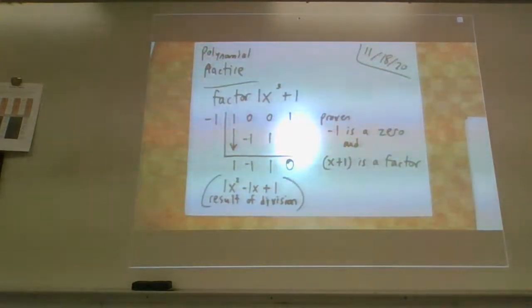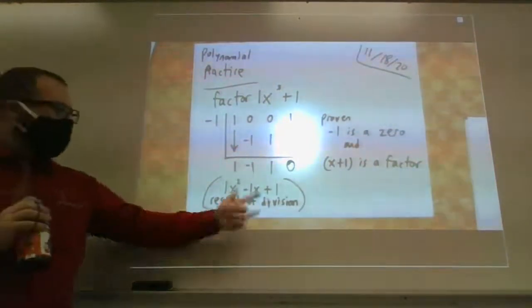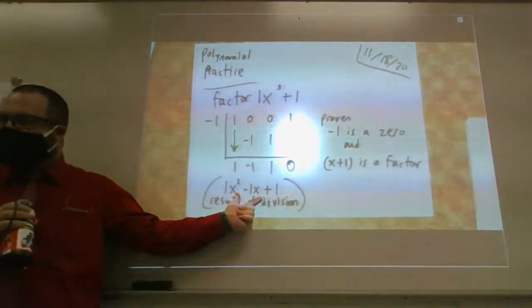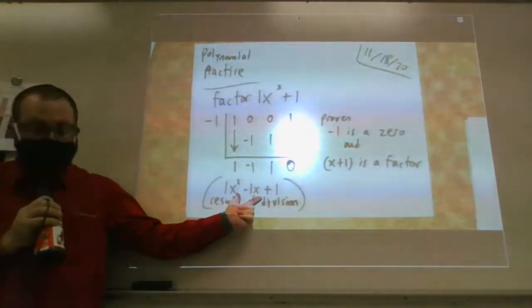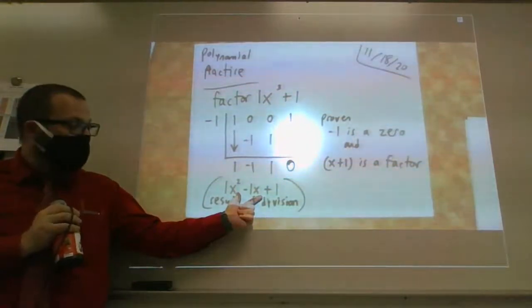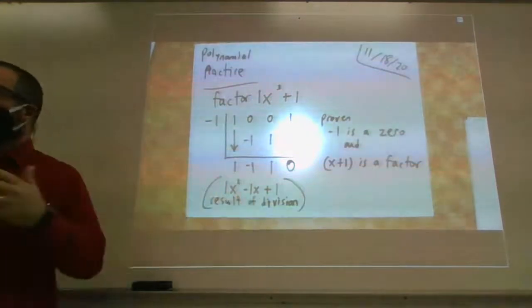Now, here's the key. We proved that x plus 1 was a factor, and now we got it down to this quadratic. Fun fact about that quadratic: this quadratic cannot be factored any farther. You could totally try to factor it, like the Tucker method or whatever.